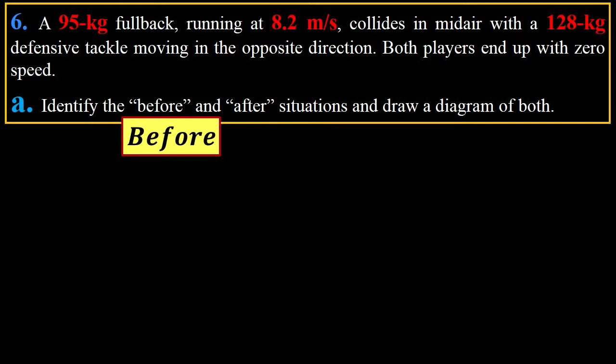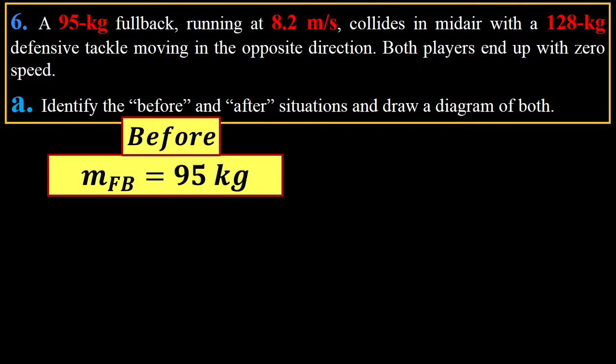So the before information relative to the 2 football players: the mass of the fullback is 95 kilograms. The mass of the defensive tackle is 128 kilograms.